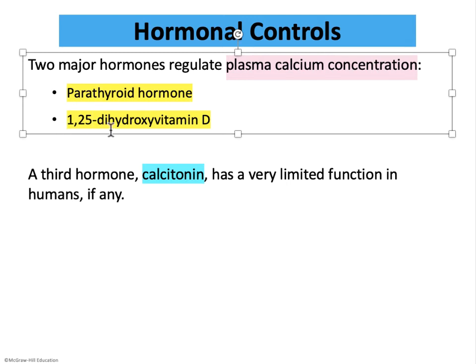And then there's a form of vitamin D called 1,2-dihydroxy vitamin D, which also has a direct impact on the calcium levels. A third hormone, calcitonin, has a somewhat limited action in humans, but in other primates it has a bigger role.